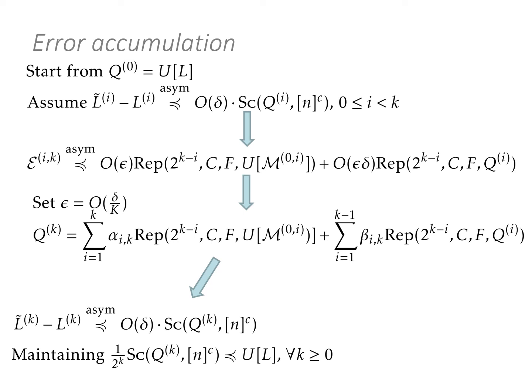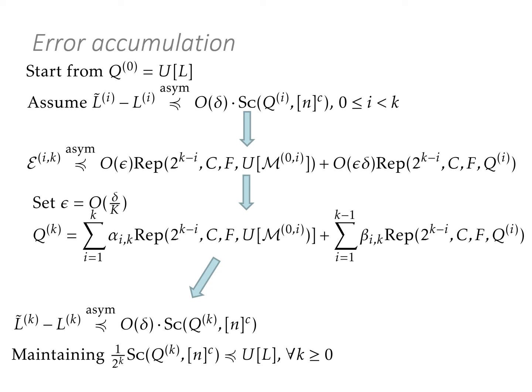By our definition, Qk can be represented by a linear combination of repetition matrices of M0i. So Qk adopts many properties of the matrix M0i.